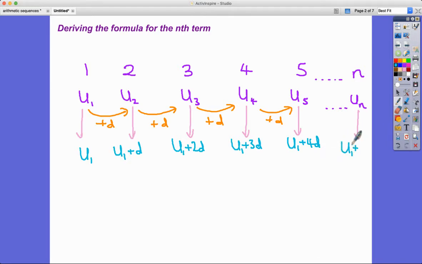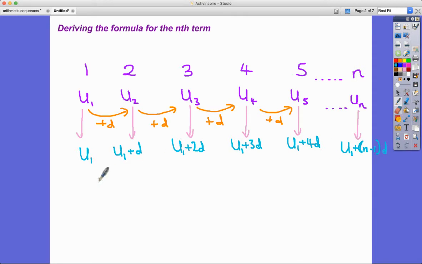And then the n, which is the term number, here in this case 1, then 2, then 3, then 4, then 5, the number of common differences that we're adding on is actually 1 less than the term number, isn't it? So for the second term, we add on 1 common difference. For the third term, it's 2 common differences. For the fourth term, it's 3 common differences, and so on. So I hope you can see that we just add on n minus 1 lots of the common difference. It's just some brackets there.